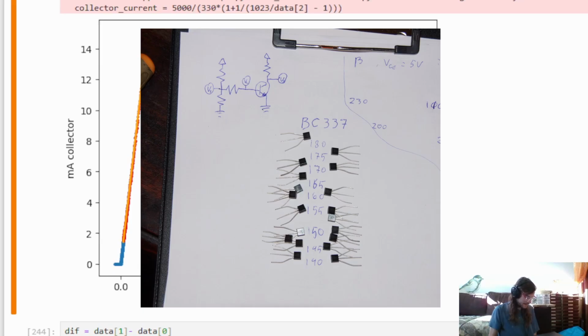You can see that they range from about 140 to 180. So that's already a big difference, but it's not huge. And by the way, the beta value also changes based on your total voltage. All these measurements were made using the 5V from my Arduino.